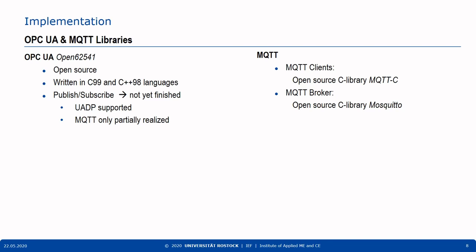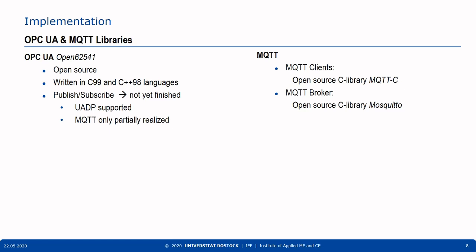It is written in C and C++, and it also partially supports publish-subscribe. So why partially? Because UADP, so the UDP multicast variant, so to say the brokerless option, is already supported. However, the MQTT implementation is started, but for example, the subscription was never finalized.